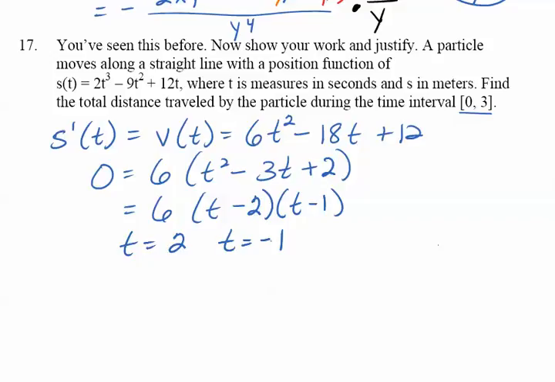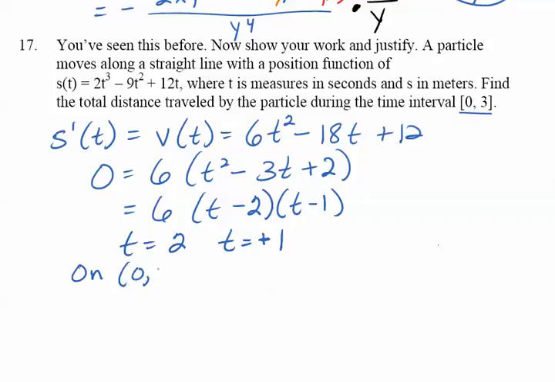Okay, so the only 2 times that this thing could change directions, and they are both single roots, so we are expecting it to change directions at these 2 times. And we could test that out. So on our first interval from, that should both be positives, positive 1 and 2.